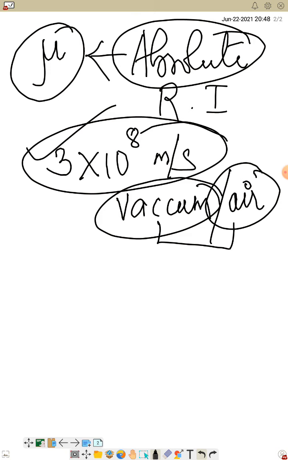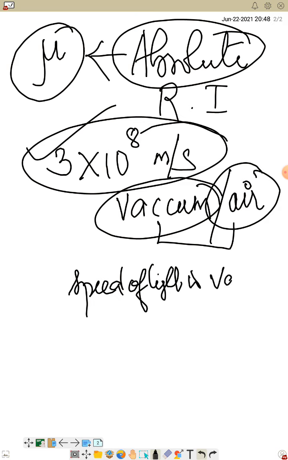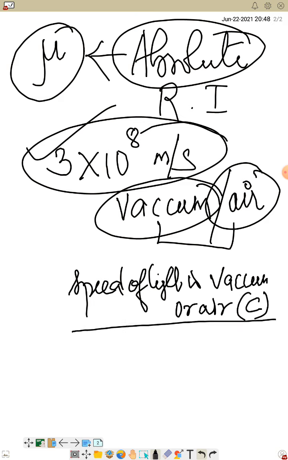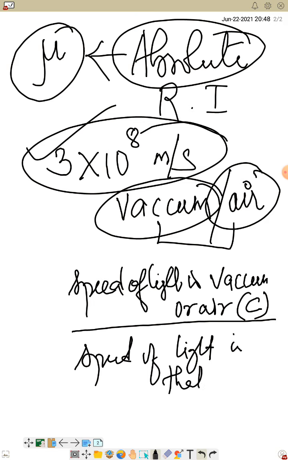It is the ratio of the speed of light in vacuum or air, which is represented by small letter c, to the speed of light in whatever medium you are taking. The medium may be air, glass, water, and that speed is represented by v. This also gives you the refractive index. So this is the second formula.